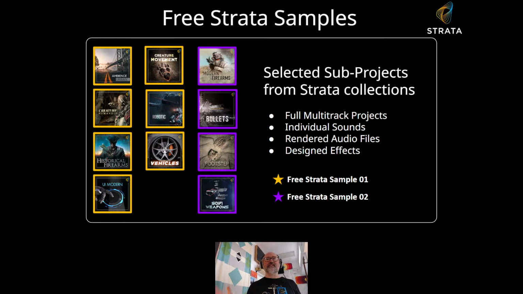And as always, jump in, grab those free Strata samples that you can get through your customer portal and through the Audiokinetic launcher. You can use those today. They are full multi-track sub-projects with individual sounds, these rendered audio files, designed effects. It's all there for you to get going.